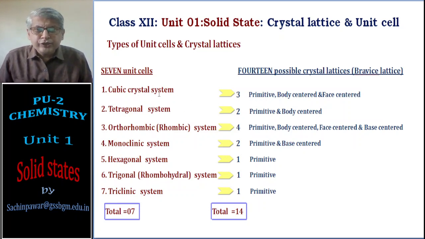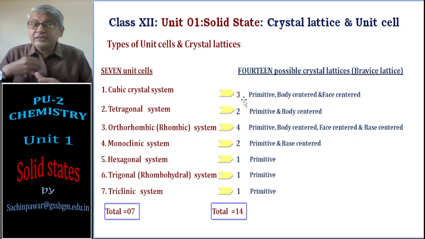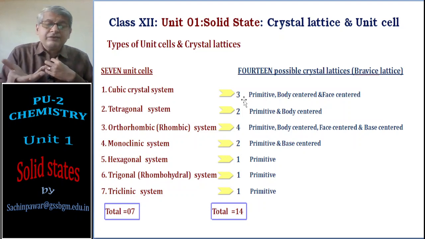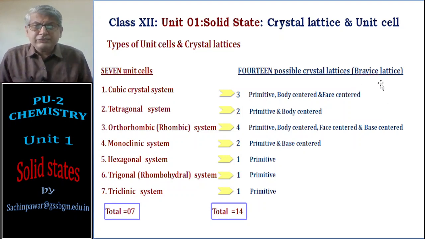For example, in the cubic unit cell, we have 3 types of arrangements of particles, and that arrangement of particles makes it the crystal lattice. This was discovered by Bravais, therefore it's also called a Bravais lattice.